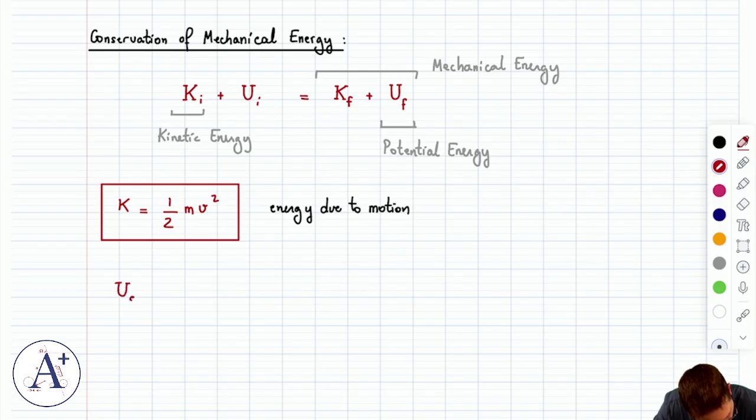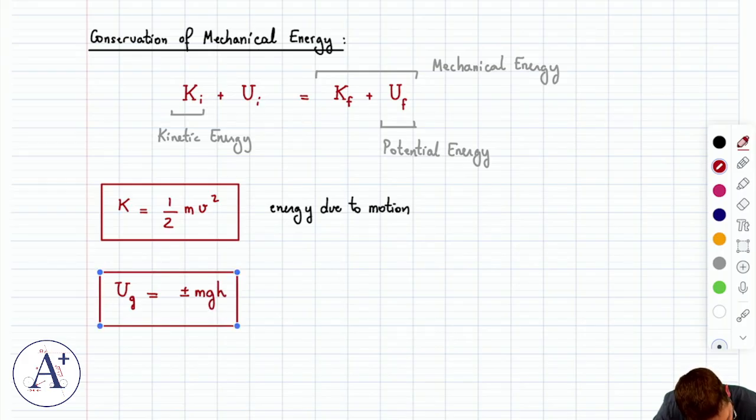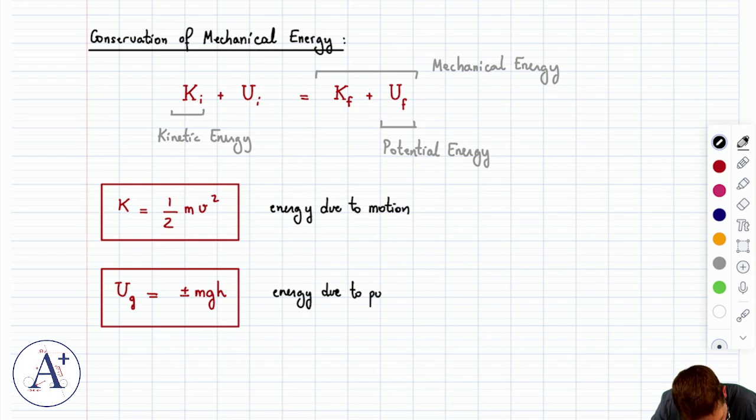Now, that's U sub G, that's going to be gravitational potential energy. I'm going to write plus or minus mgh. Now this is the energy due to position of a mass in the gravitational field of the Earth, because g is the acceleration due to gravity.